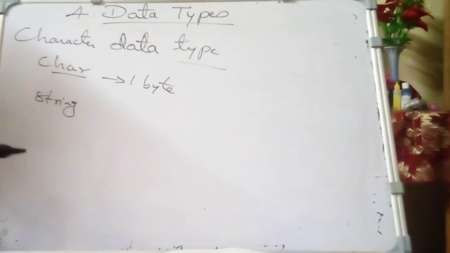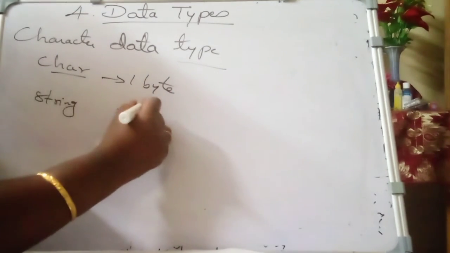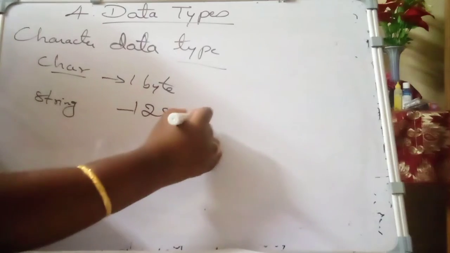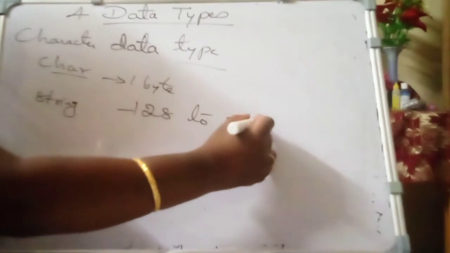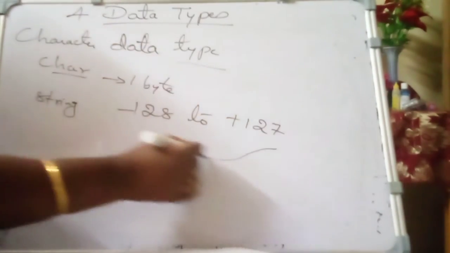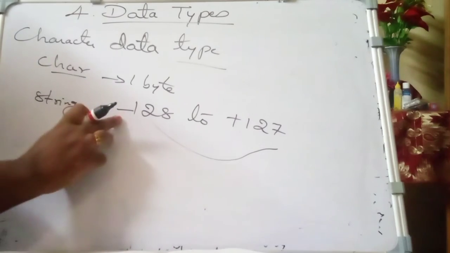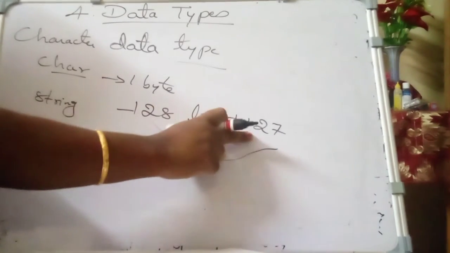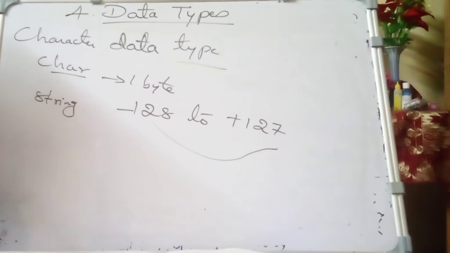Always remember each character occupies 1 byte of memory, and its range is from minus 128 to plus 127. The range of numbers which falls under minus 128 to plus 127, we call it character data type.